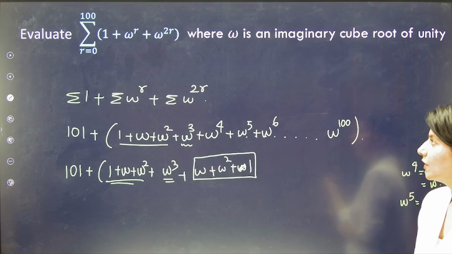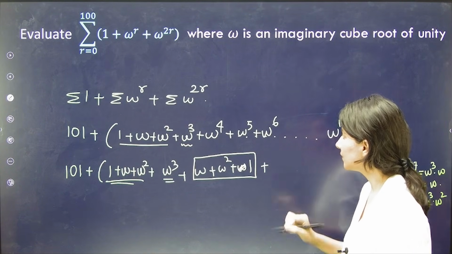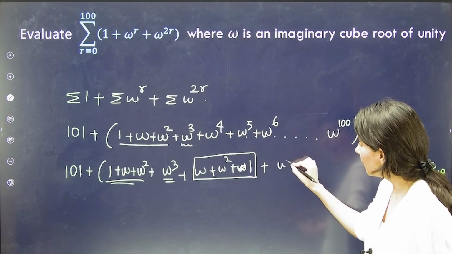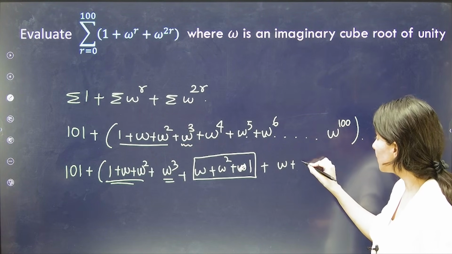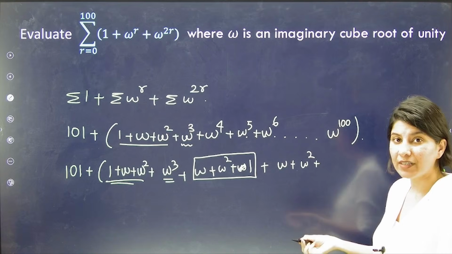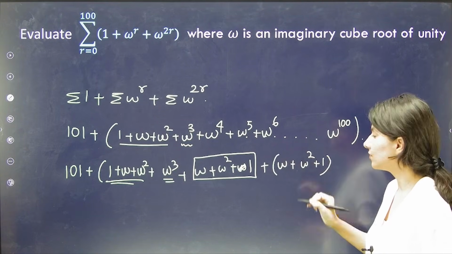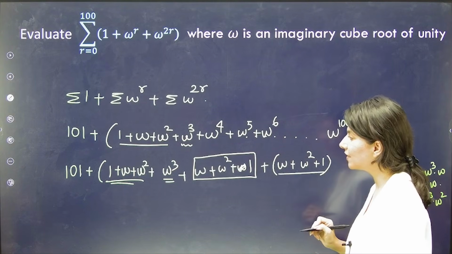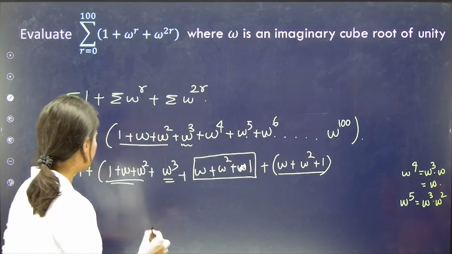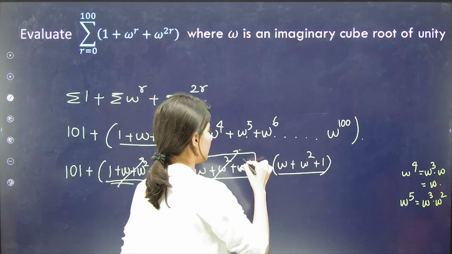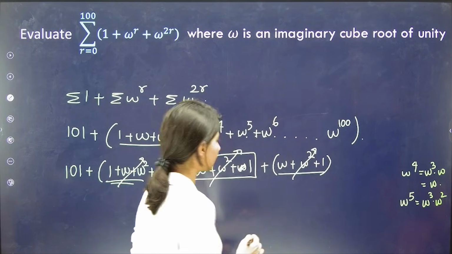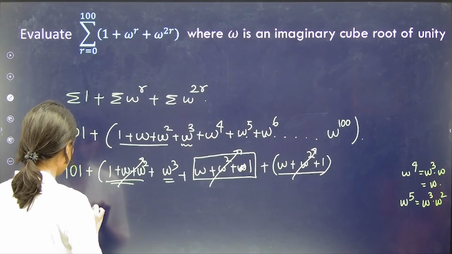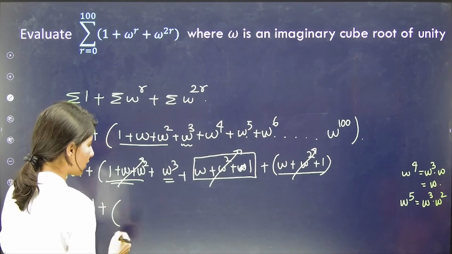Next, omega power 7 is omega, omega power 8 is omega square, omega power 9 is 1. So can you see these groups are becoming 0. This is gone, this is gone, this is gone. Only omega cube is pending. So 101 plus this 1 is pending.